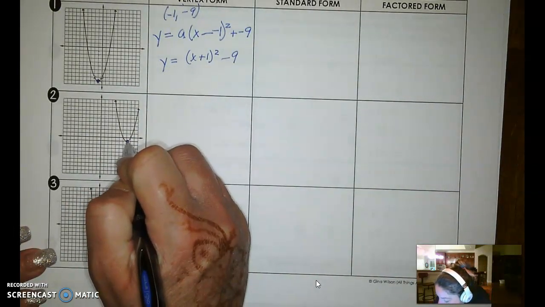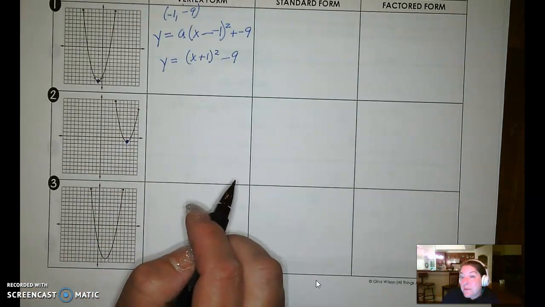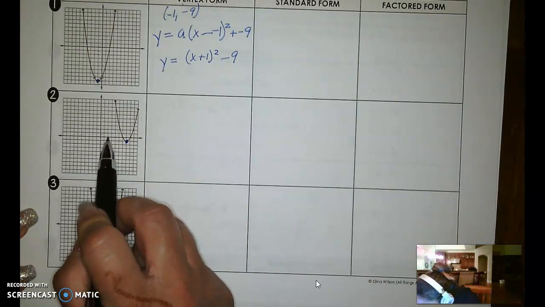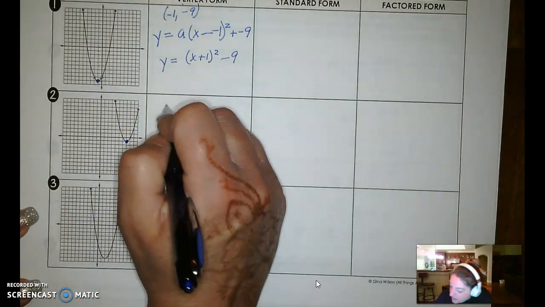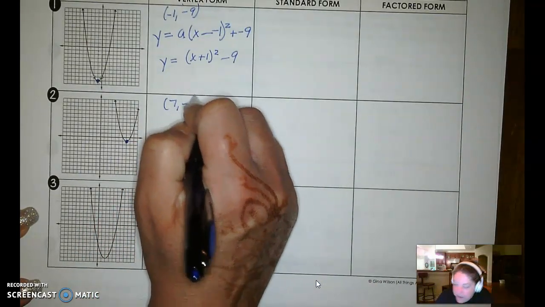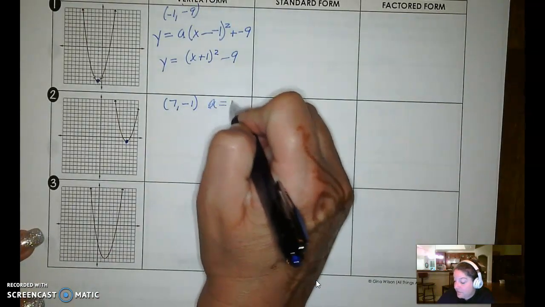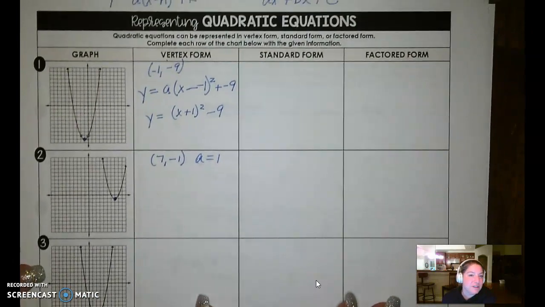So here's my vertex. While I'm counting, I want you to be thinking about, is this a minimum value or a maximum value? See what you remember, okay? So that looks like it's at the point 7, -1. Again, I'm telling you for today that A is going to equal 1 on this one. So let's go do vertex form again.